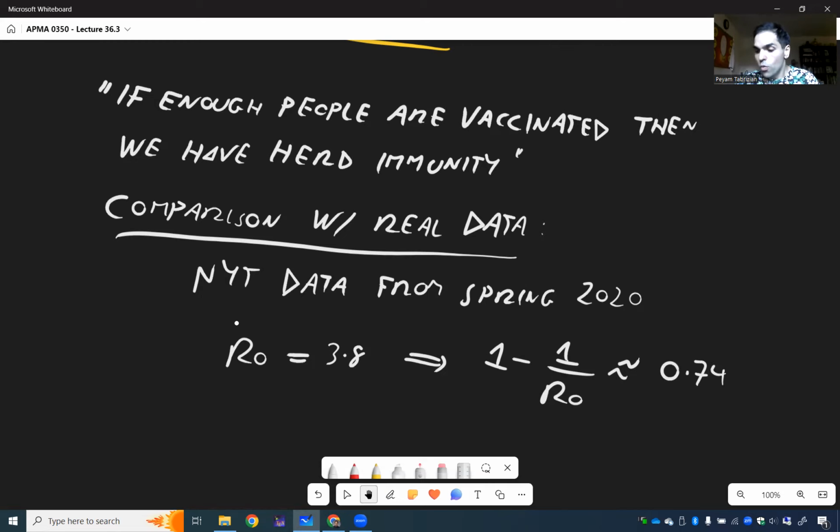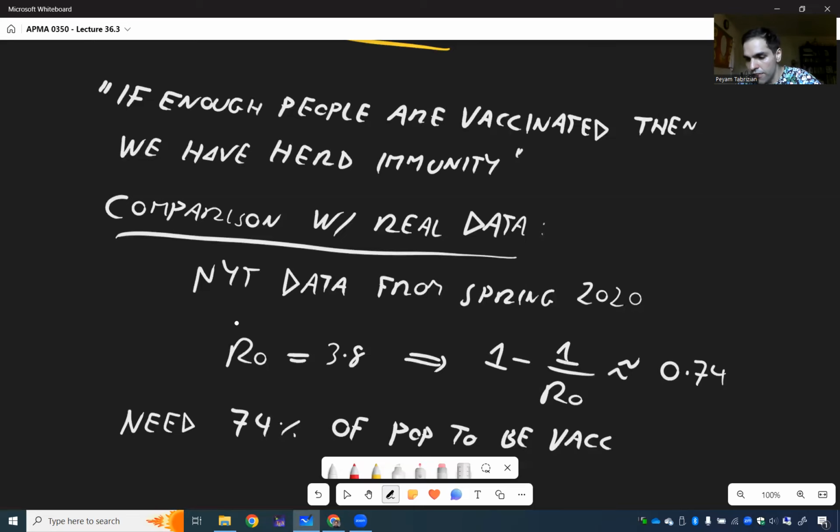So in other words, we need at least 70% of the population to be vaccinated. And the question is, are we there yet?